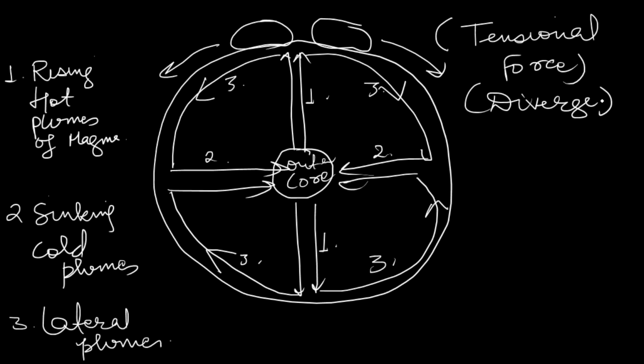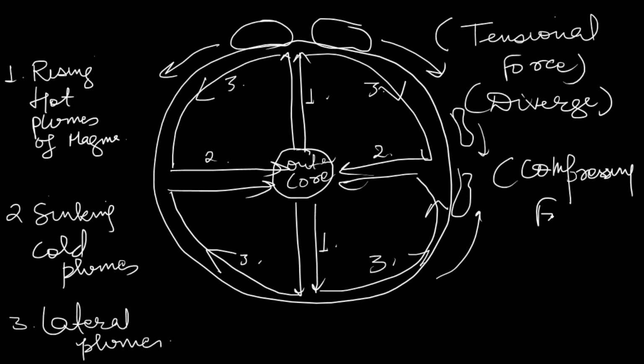Similarly, you can see here that suppose one continent is here and one continent here, and they are moving on lateral plumes. You can see the lateral plume here is pushing this side, and here also the lateral plume is pushing this side. So here you will find a compressing force. These two lateral plumes are compressing these two continental parts.